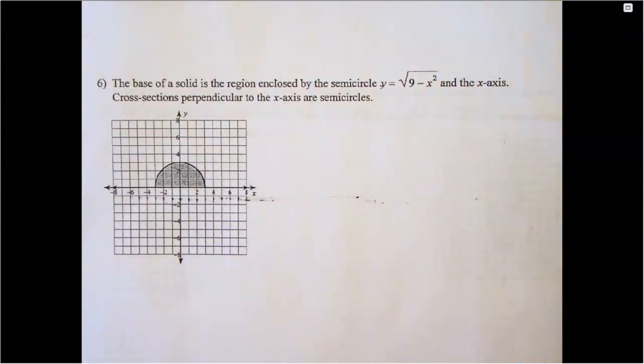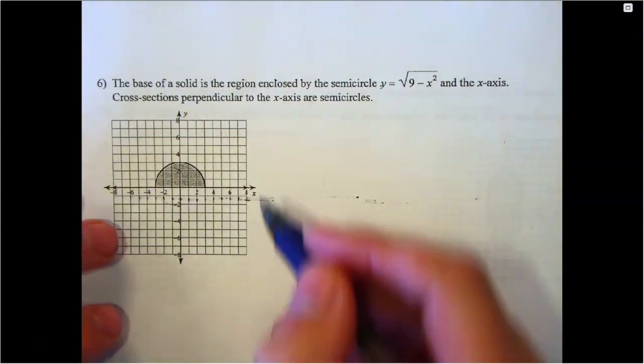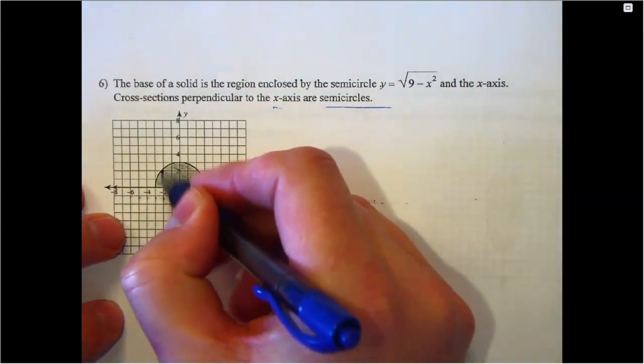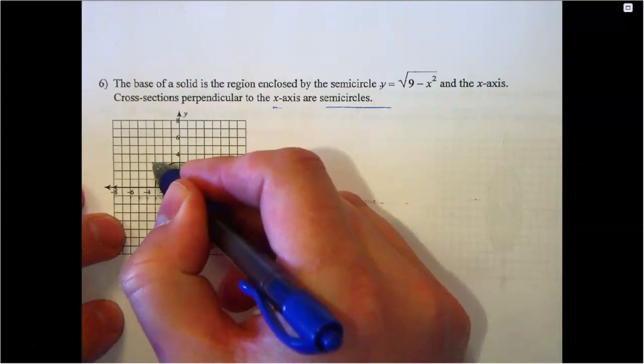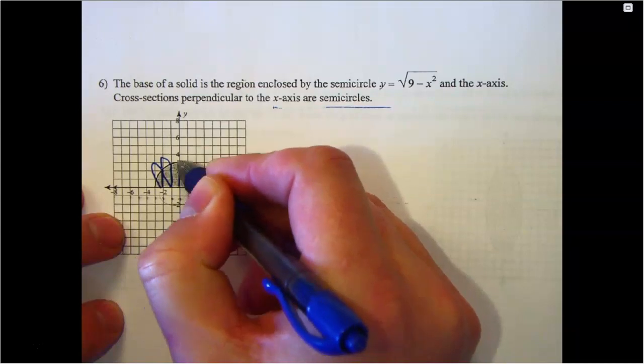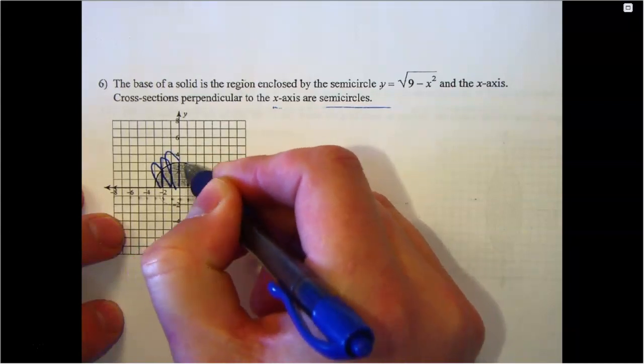This is one of the points I want to make here. If they say the cross sections are semicircles, what they mean is that distance is the diameter. So it'd be shapes poking out like this.